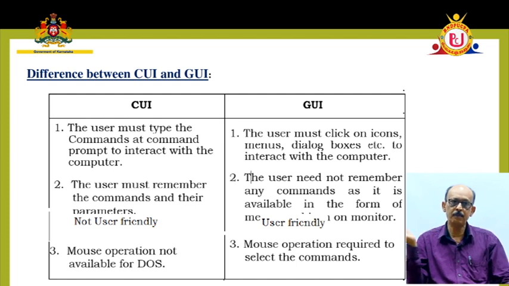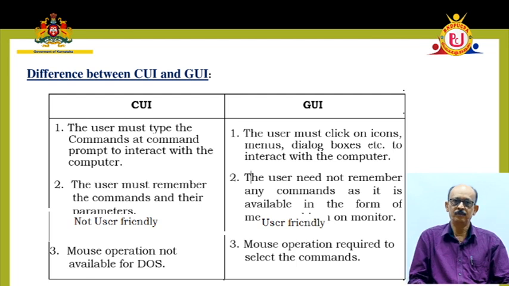Only after getting the printout will you come to know the special effects; on the screen you cannot see them. That is why it is called not WYSIWYG. But when you use the graphical user interface, what you see is what you get in the printer. So this is about the character user interface and the graphical user interface.